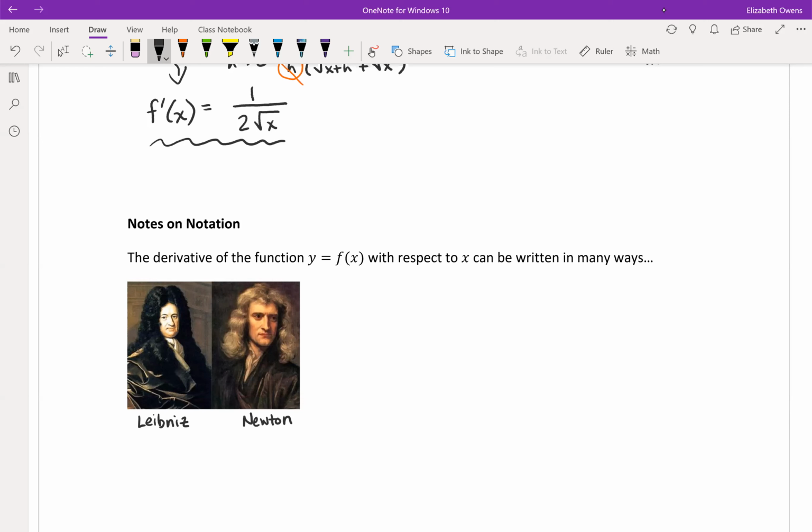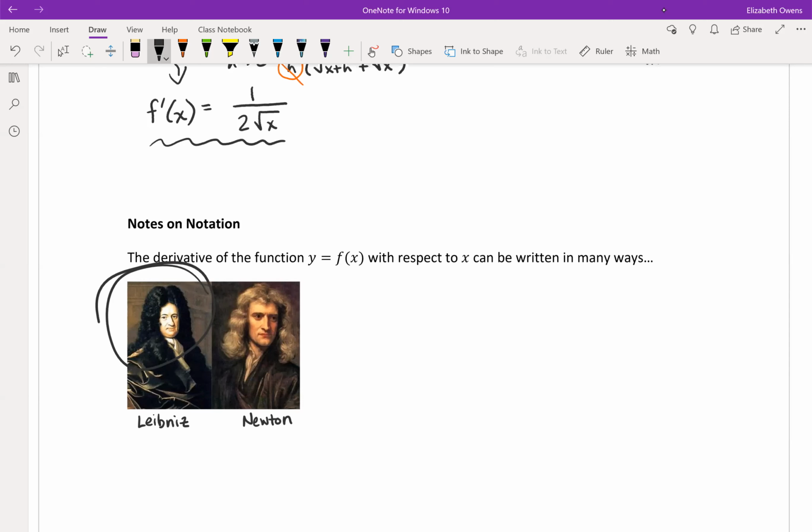And back in the day, in the late 1600s, early 1700s, there was actually quite the drama between these two over who was the developer or inventor of calculus. So Newton and Leibniz were both working on this subject at the same time. And the current understanding is that Newton here actually began developing calculus first, but Leibniz was the first to publish a paper on it.